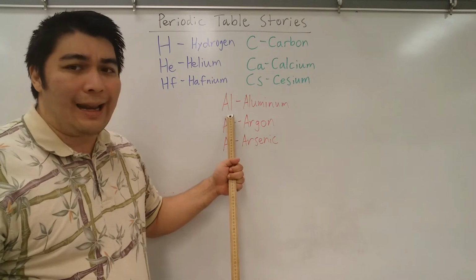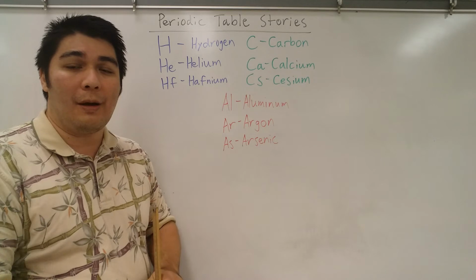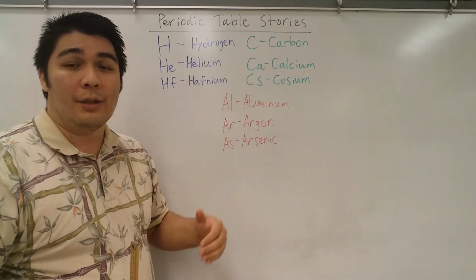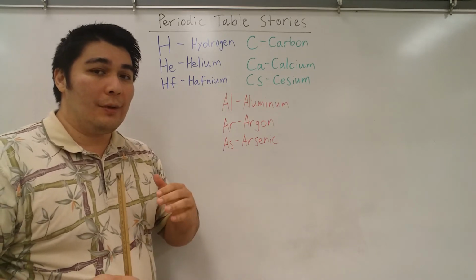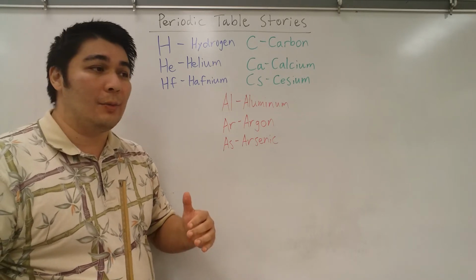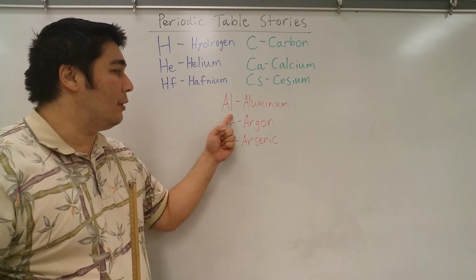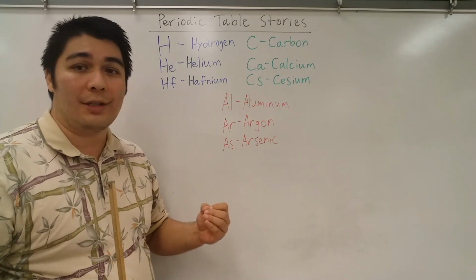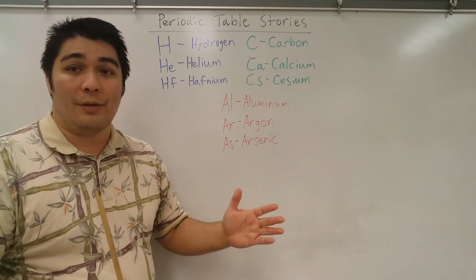There is no letter A for any of these, so this group would seem to be more of an exception to these rules. One way to think about it is this: there is no straight letter A that goes with any element, and the reason could potentially be that aluminum and arsenic are two very ancient, well-known elements that have been found in nature for thousands of years.